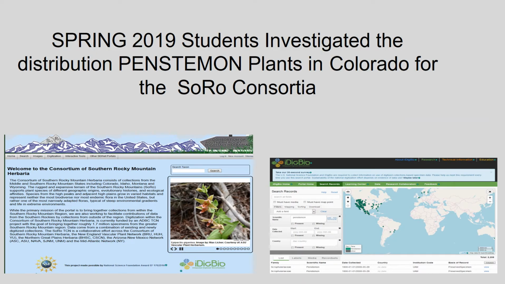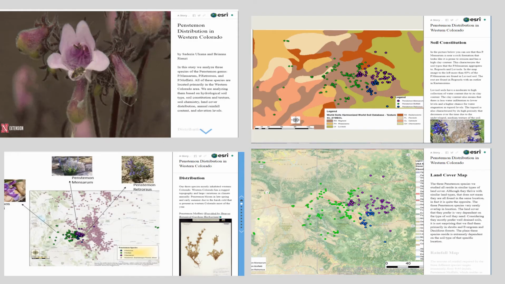In the second round of this collaboration, the students were given a series of data points reflecting the genus Penstemon in a particular area of Colorado. Here we downloaded the data from iDigBio, and then they were asked to try to understand why this genus had so many species within such a relatively small area.